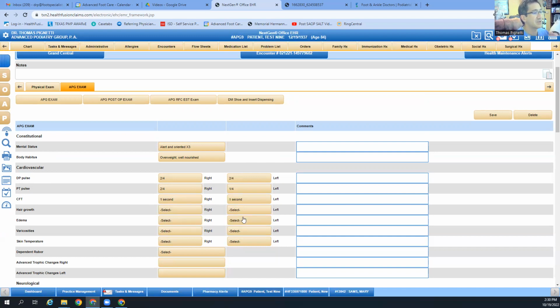But we'll say what the capillary refill is on the right or the left. If it's something particular, like it's 1 second, but for some reason on the right third toe it's greater than 3 seconds, that's where you would put that. Right third toe greater than 3 seconds.